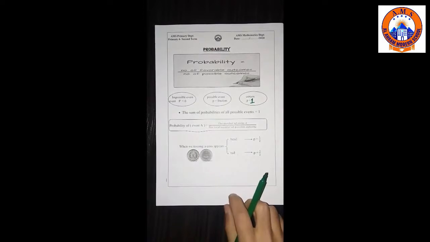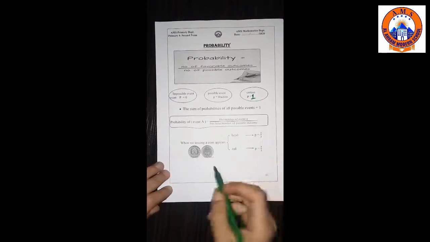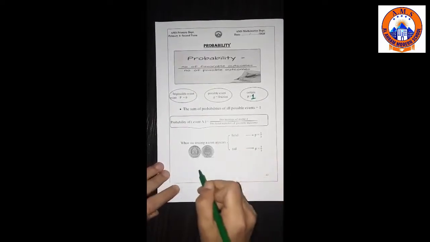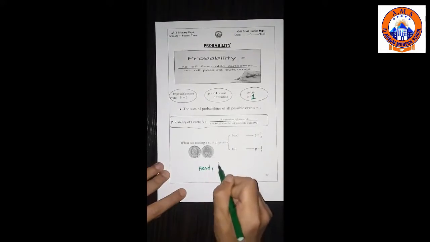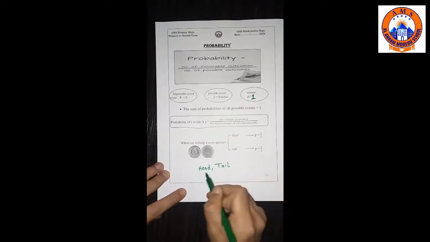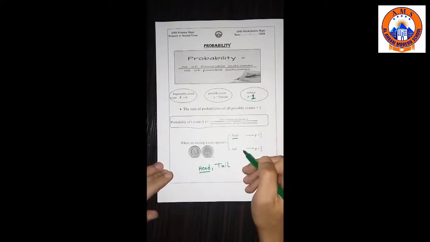So if I have a coin and I want to calculate the probability of getting a head or a tail, I know that all the possible outcomes that we have are either a head or a tail. To calculate the probability of getting a head, how many heads are in the coin?